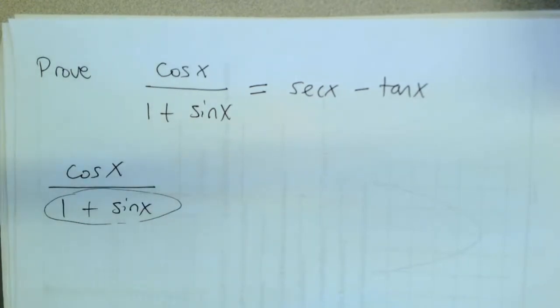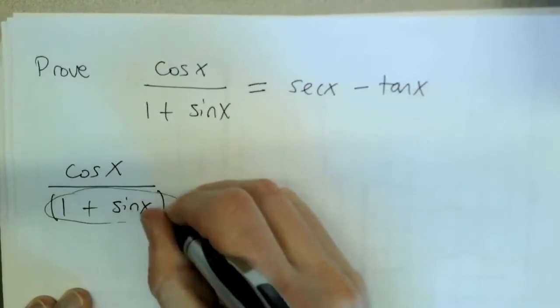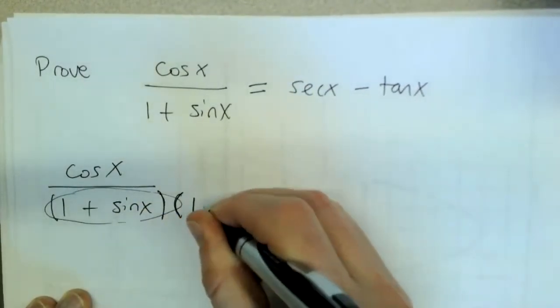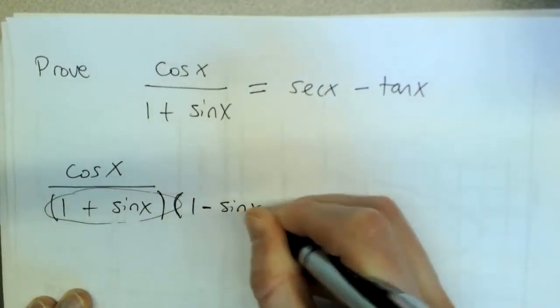I'm going to multiply top and bottom of the fraction by the conjugate of that expression. The conjugate of 1 plus sine x is 1 minus sine x. So I'm just going to multiply both top and bottom by 1 minus sine x.